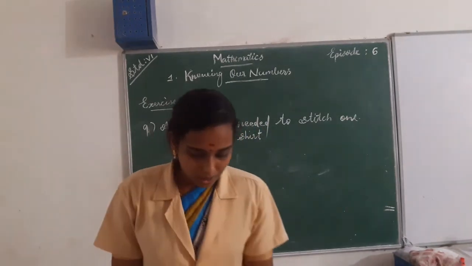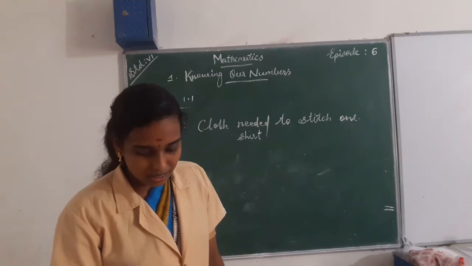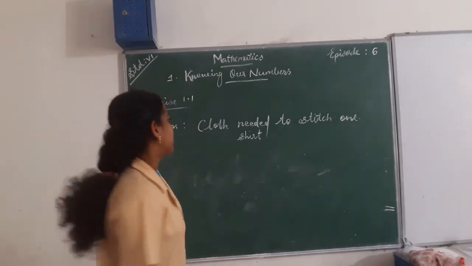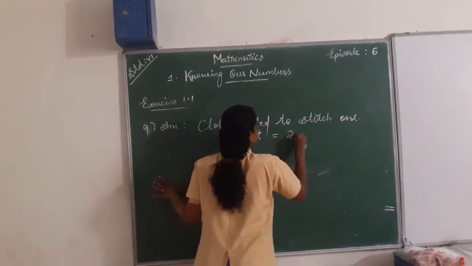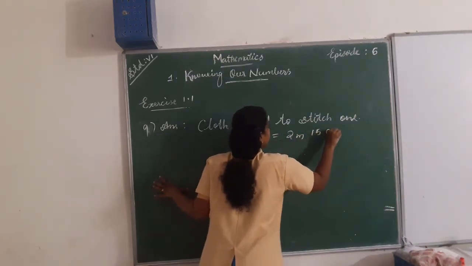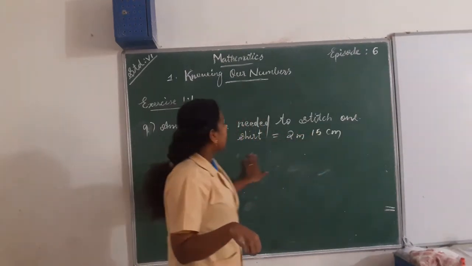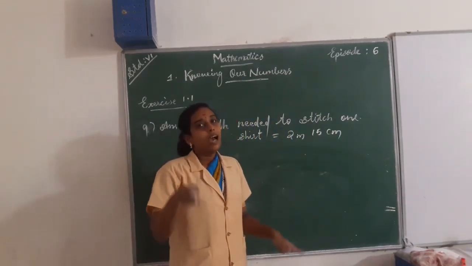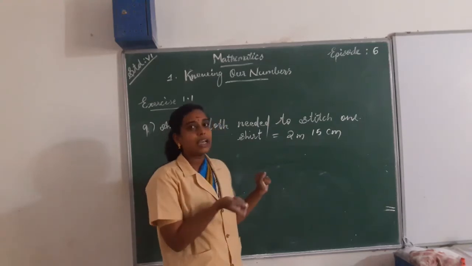Cloth needed to stitch one shirt, that is 2 meter 15 centimeter. Here the units are given in meter and centimeter, and we want to convert the number of meter into centimeter.